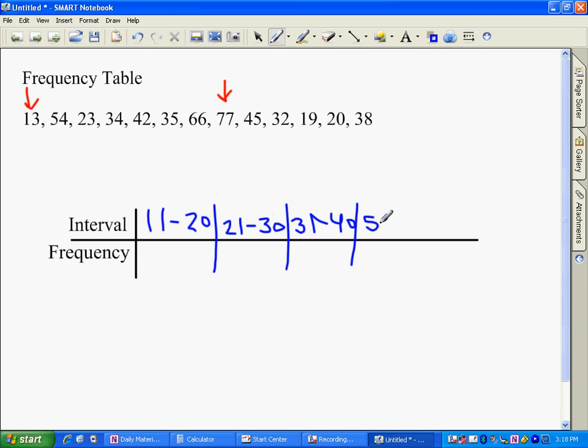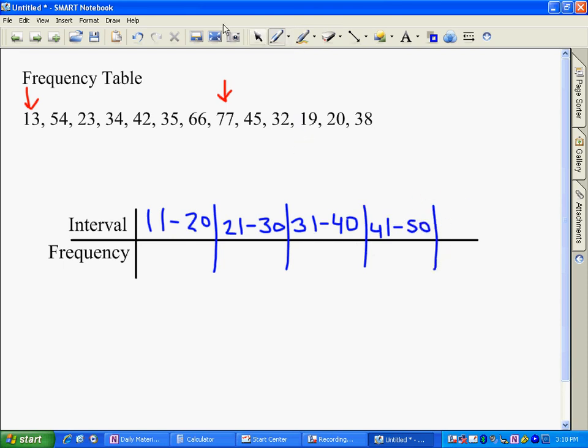You can't just assume, oh, there's nothing there, so I don't need to include it. You have to include all of them.